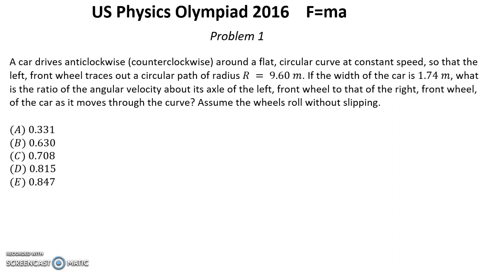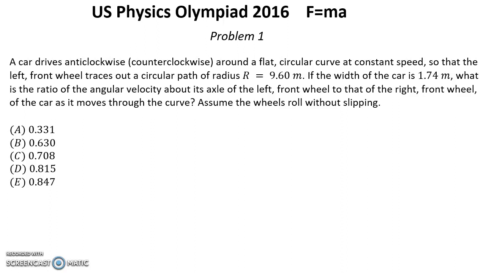Problem 1. A car drives counterclockwise around a flat circular curve at constant speed, so that the left front wheel faces out on a circular path of radius r equals 9.6 meters.